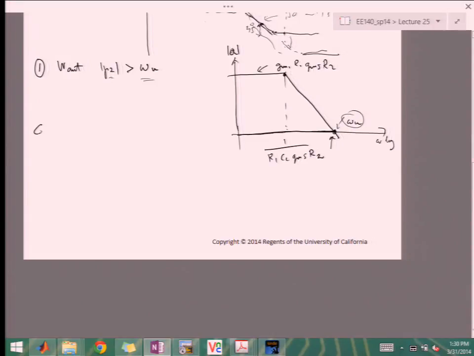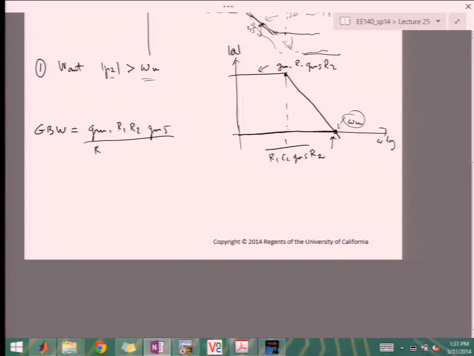So the gain bandwidth is the DC gain times the pole, so it ends up being a ratio. We'll just make this C because that's what we used, times the compensation C times GM5 and R2.